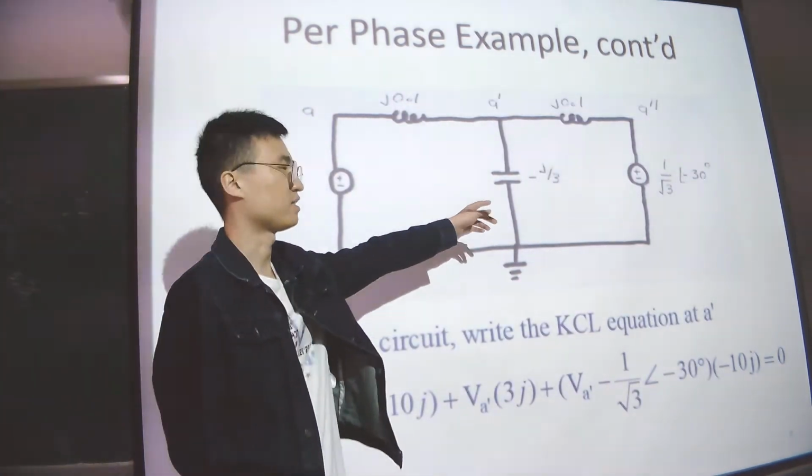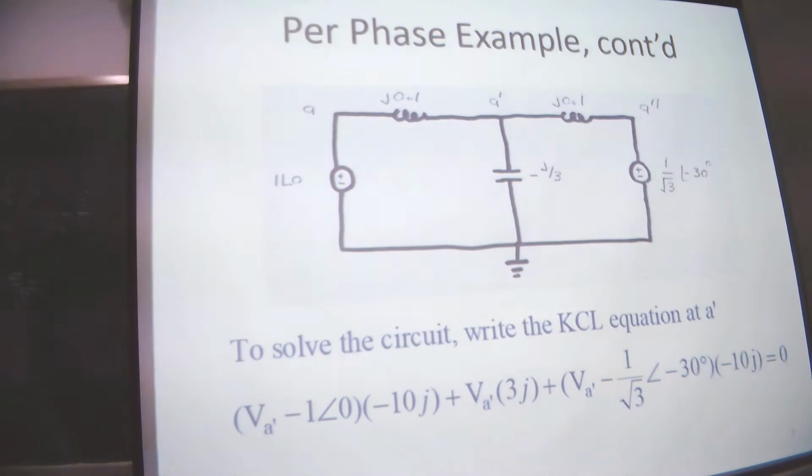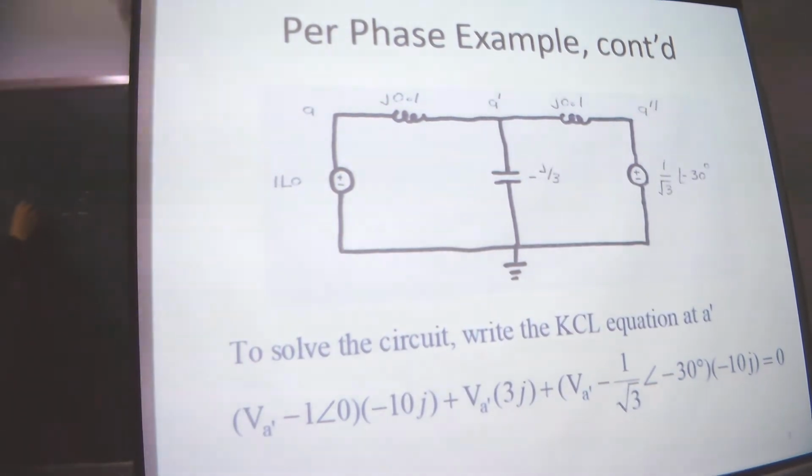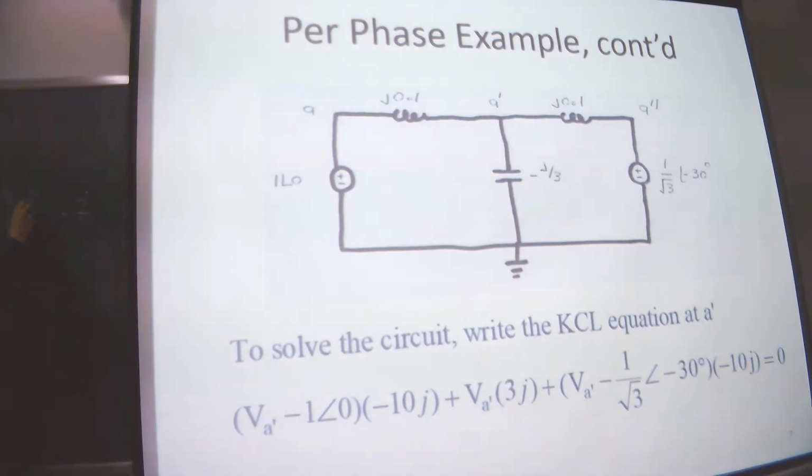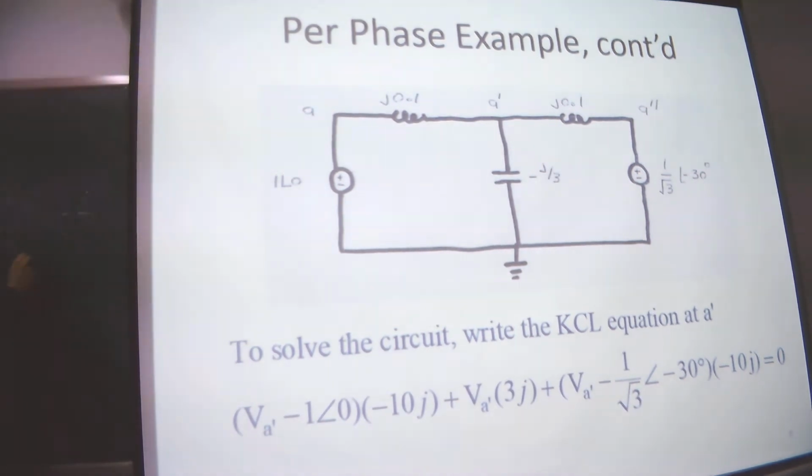So the Y is here, phase A. Then we just connect the neutral point to the ground. When the neutral point is connected to ground, all the current you see is here.